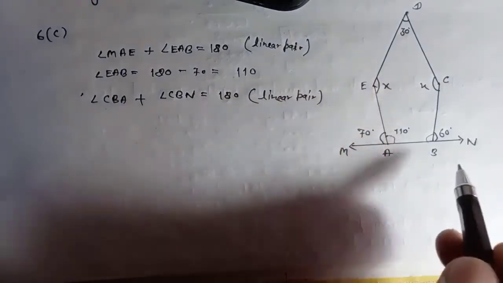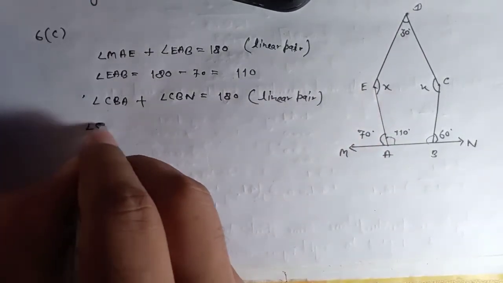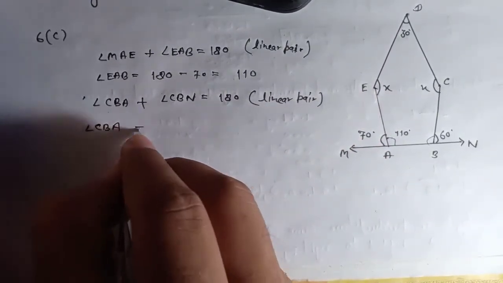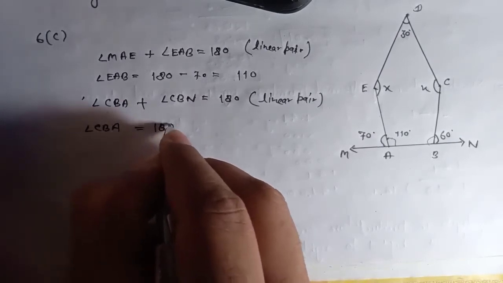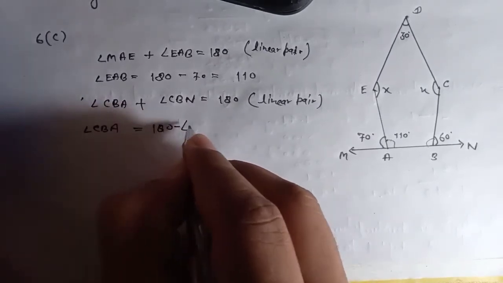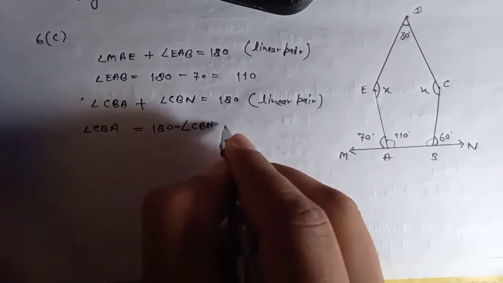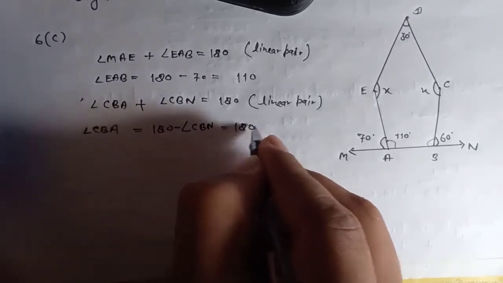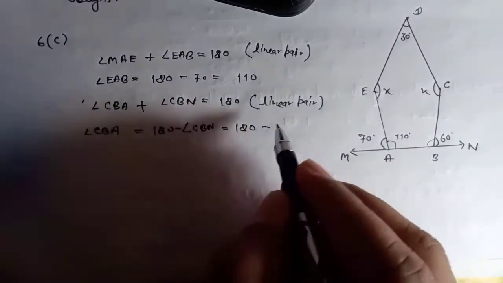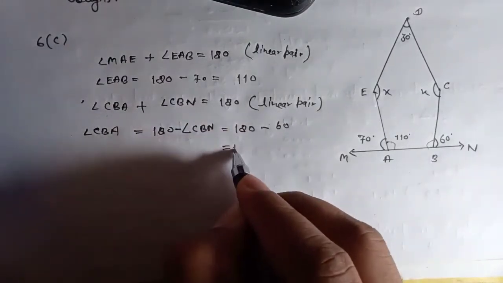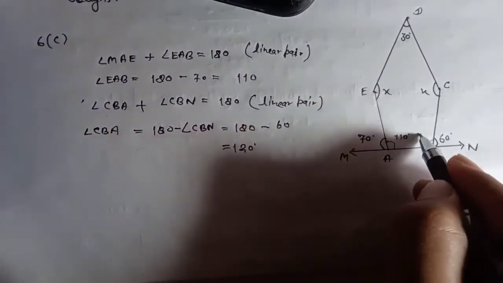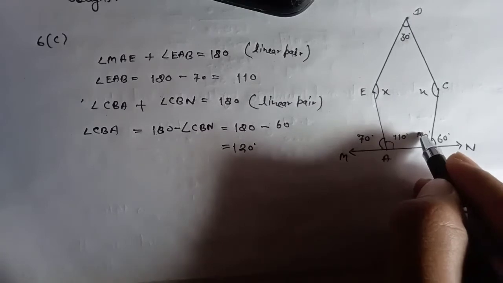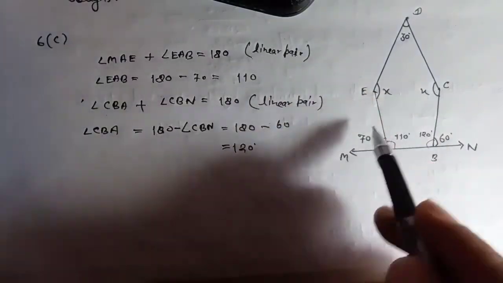Now to find CBA, again we have to subtract this CBN from 180, and we will get 180 minus this is 60, so that gives us 120 degrees. Now you can see these two angles are equal.